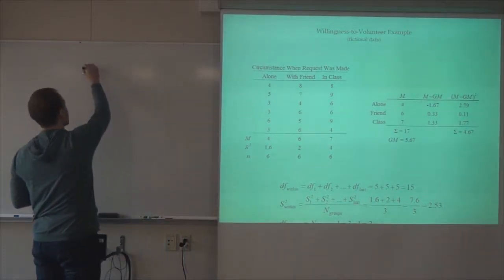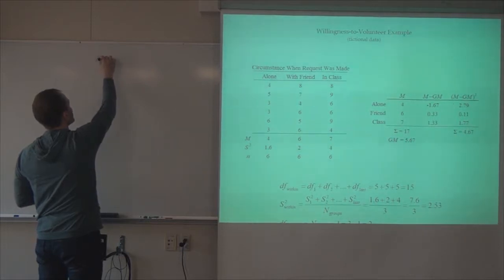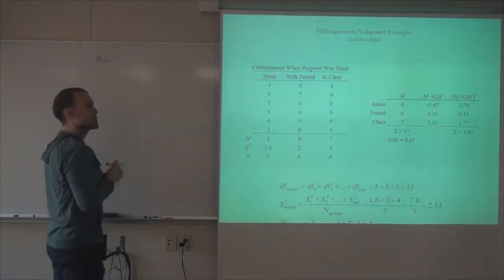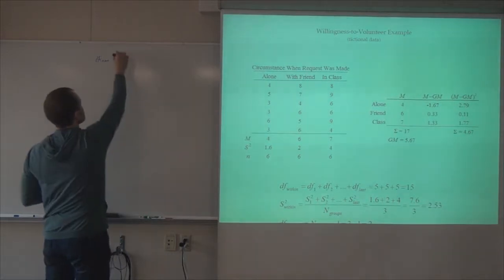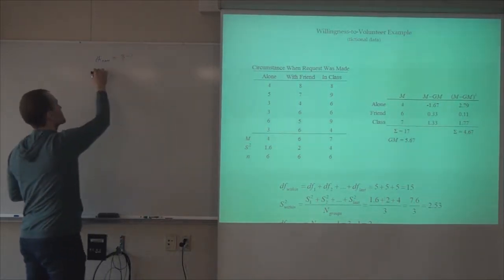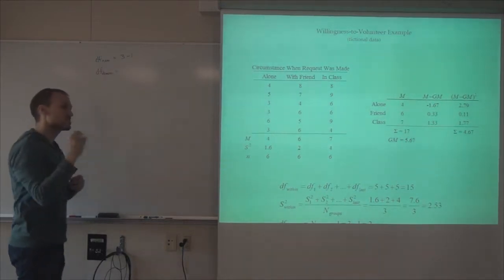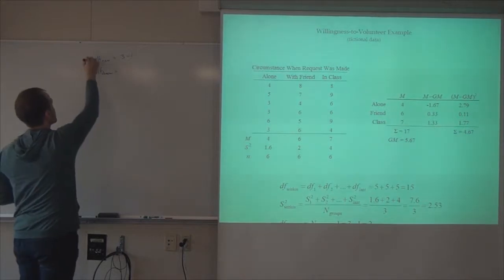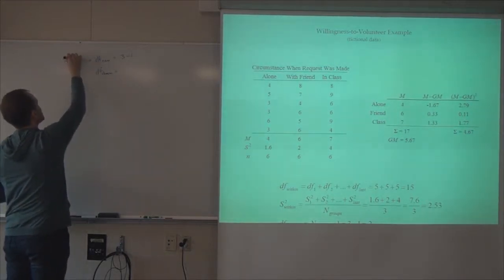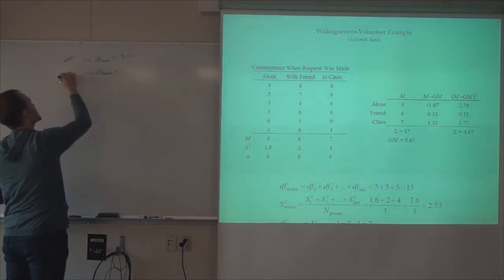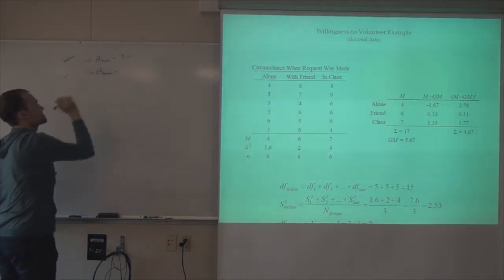in my F ratio, the degrees of freedom in the numerator is the number of groups minus 1. So again, it will be 3 minus 1. The degrees of freedom in my denominator, which is the within group. So this would be the between groups estimate, and this would be the within groups estimate.